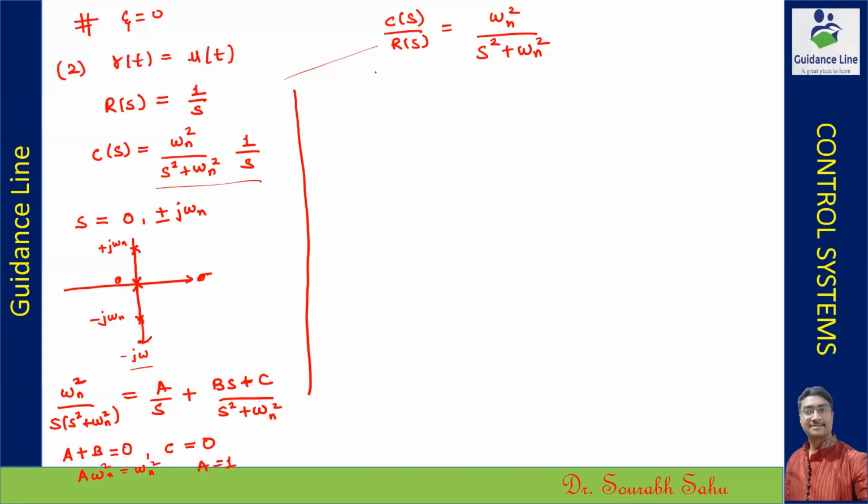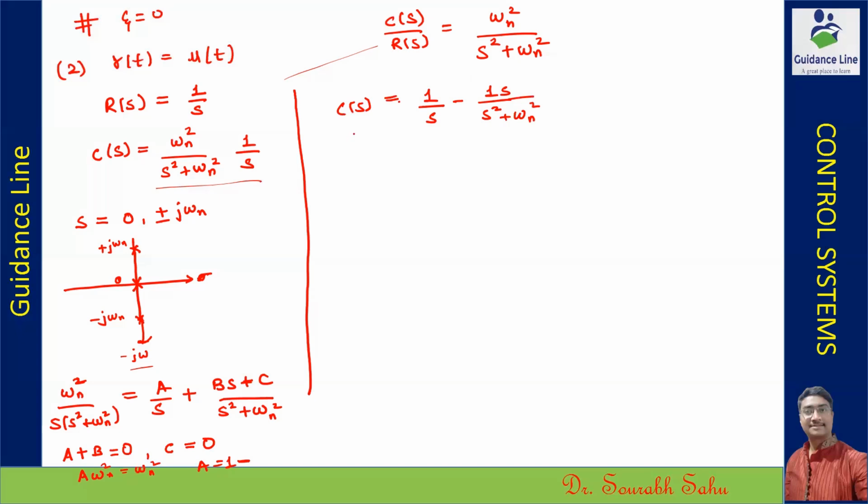If I rewrite this equation, we have A equals 1, so 1 by s, and substituting A, we have B equals minus 1 and the value of C is 0. So C(s) is 1 by s minus s over s square plus omega n square. This is the expression we have over here.